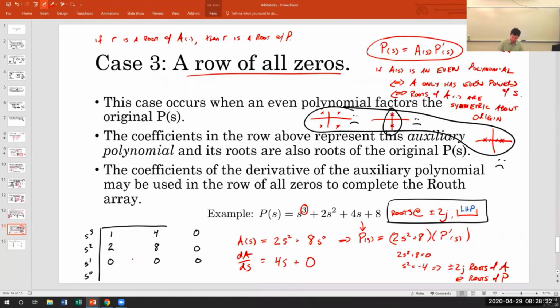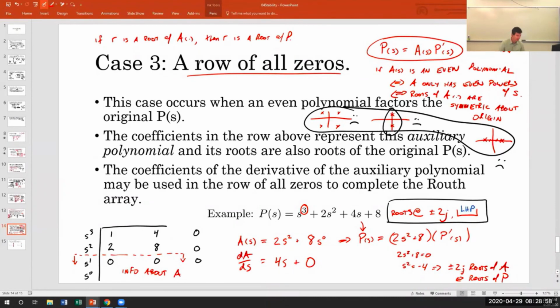I could continue with filling in the Routh array, or I could say I already know 2 of the 3 roots, and that was the point of drawing this little line here, is if I keep going any lower, all of this is going to tell me info about A. Now, info about A is also info about P, but we've actually got all we need, right?